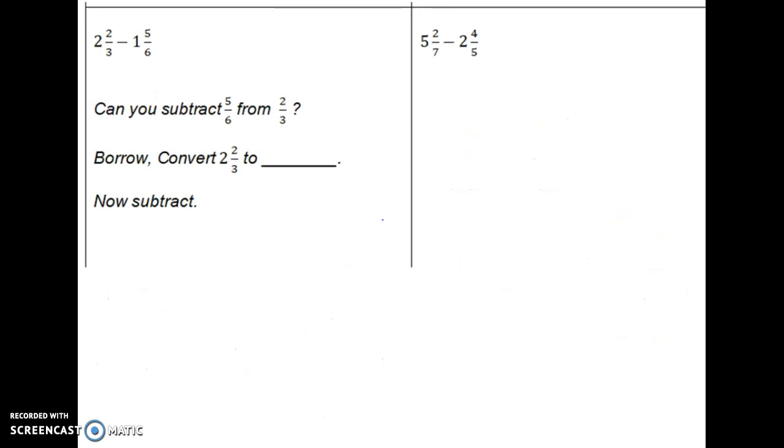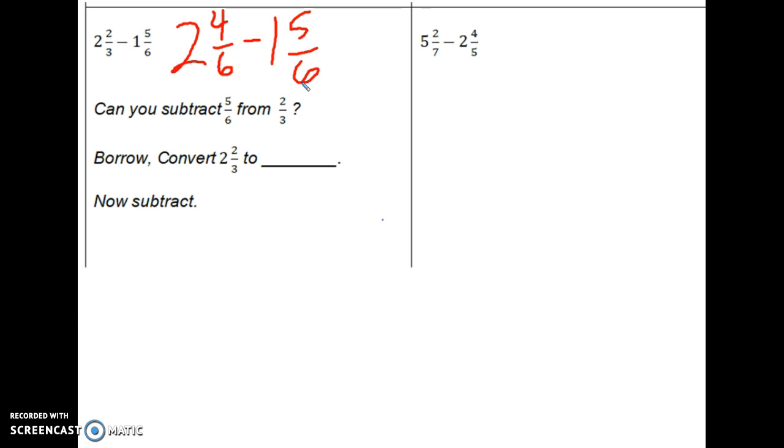Now sometimes when you subtract, you'll notice like in this problem, I can't take 5/6 from 2/3. If I do have a common denominator, which I still have to do, my common denominator is going to become 2 and 4/6. So I've multiplied the 3 by 2 to get 6, the 2 by 2 to get 6. And then the 1 and 5/6 is going to stay because that already has a denominator of 6.